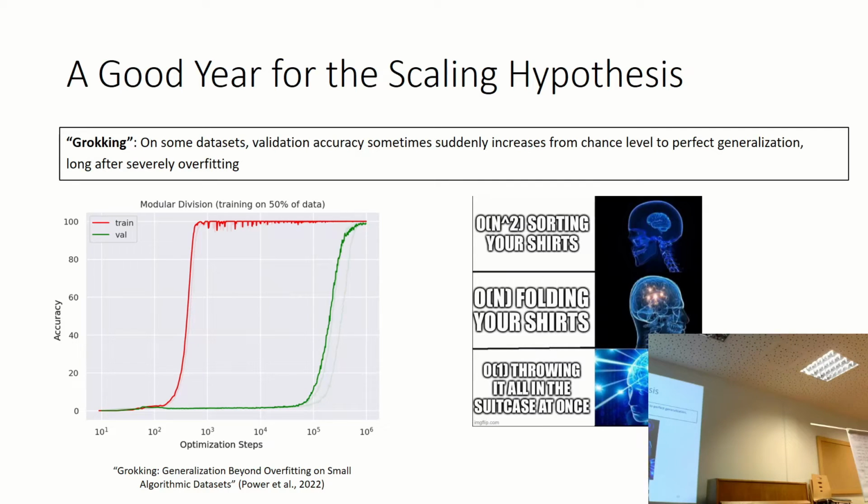Eventually, it figures something out, and then it has near perfect performance on the validation data. So this phenomenon has been observed. It's called grokking. And it's like going from sort of a small brain type model that doesn't know much to like the galactic brain model, which has suddenly figured out everything about the data and has near perfect performance.